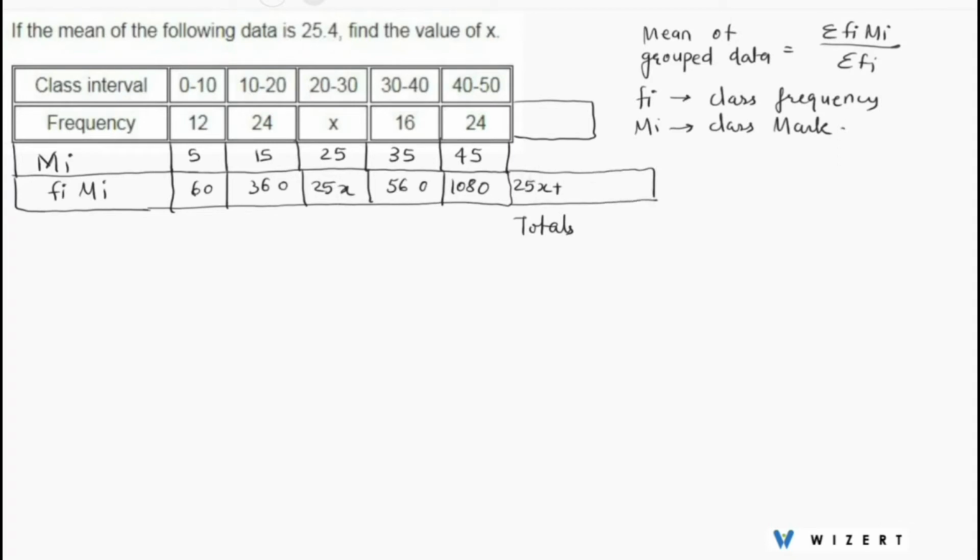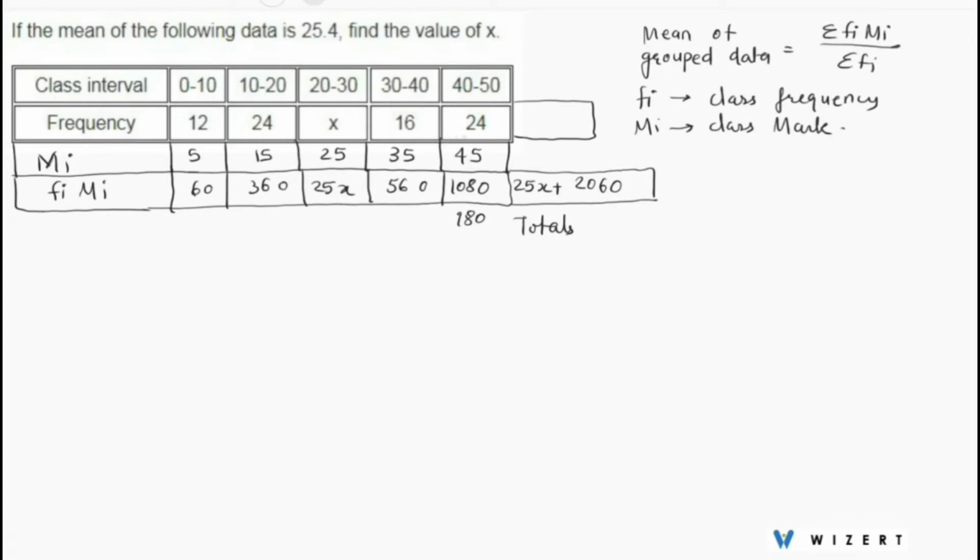Yes, 25x plus, let's see, 60 plus 360 is 420. 420 plus 560 is 6 plus 2 is 8, 5 plus 4 is 9, so 980. 980 plus 1080 is 8 plus 8 is 16, 9 plus 1 is 10, so we get 2060 here.